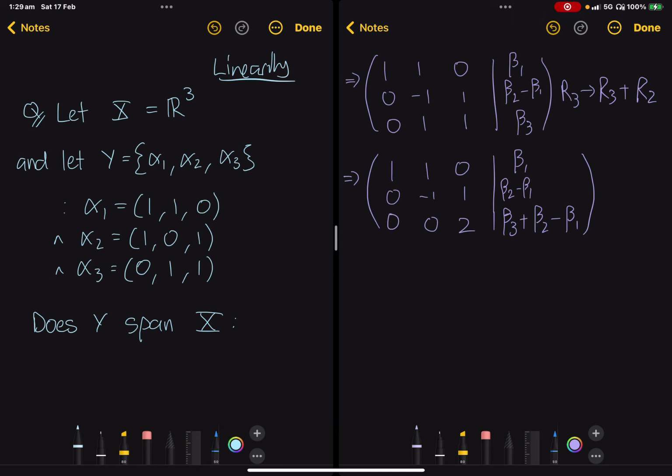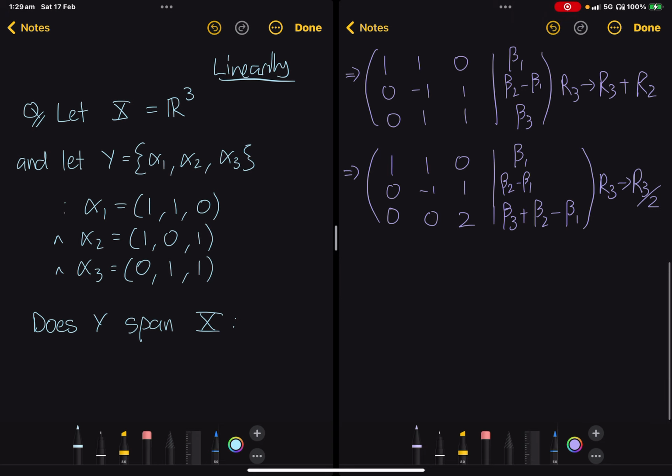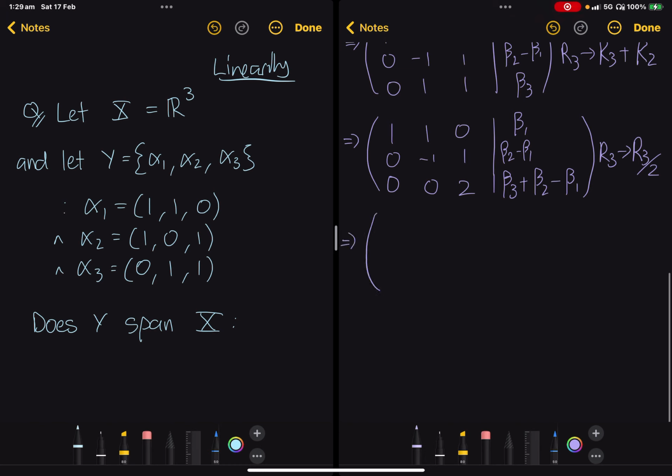So now we can divide row 3 by 2. Row 3 becomes row 3 divided by 2. This gives us the new matrix 1, 1, 0, beta 1.